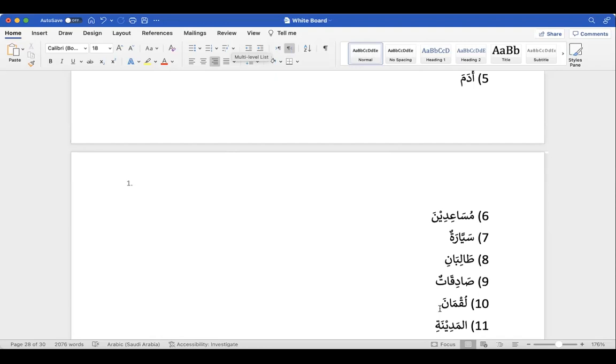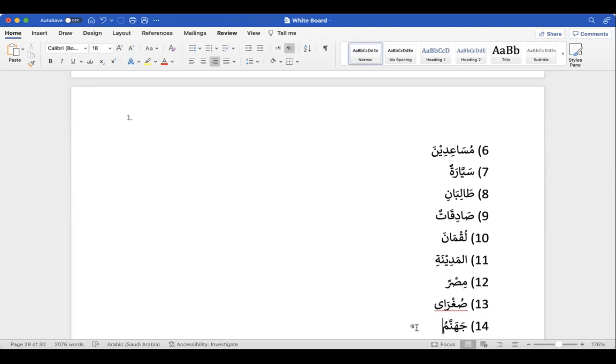Okay, the next question. I don't want to mention the names here, so whoever knows, tell me. Al Madina. What kind of flexibility does it have? It is fully flexible because it is starting with al. Very good.